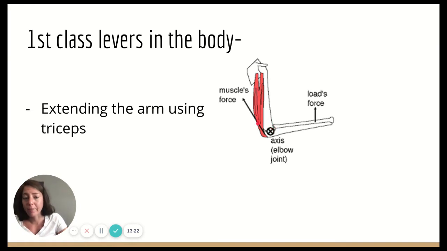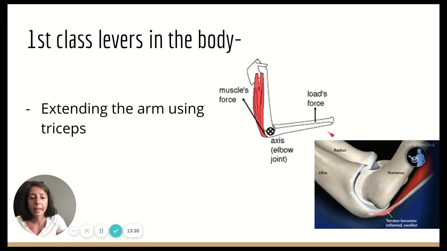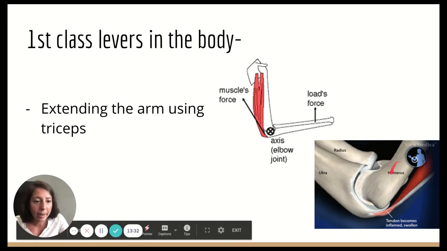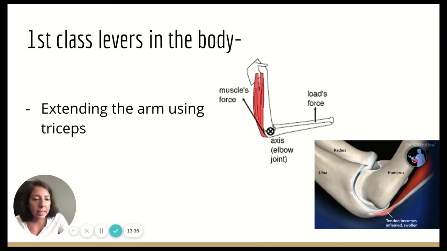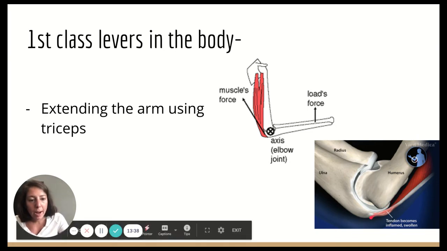So we have our effort, our fulcrum in the middle, and then the resistance or the load is the forearm. That's a first class lever in the body. Again, here's the humerus, this is flipped around, the other arm, and you can see that the muscle connects right here to the olecranon process, but the fulcrum, the joint, is right here, more in the middle.